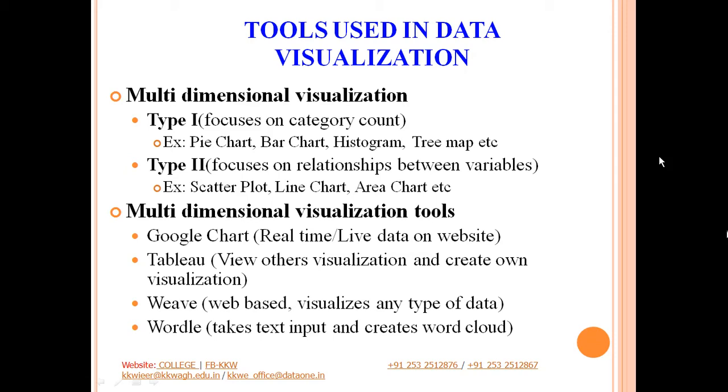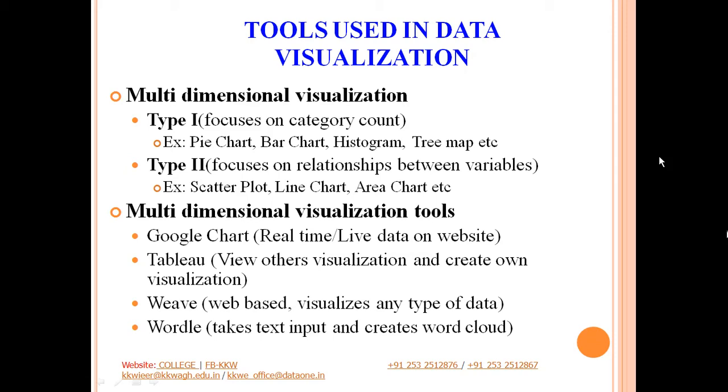What type of plots do this? The answer is scatter plots, line chart, area chart, and there are many more that we will discuss in the next slide. Just remember, type 1 focuses on the count of a particular attribute, whereas type 2 focuses on the relationship between various attributes or variables.